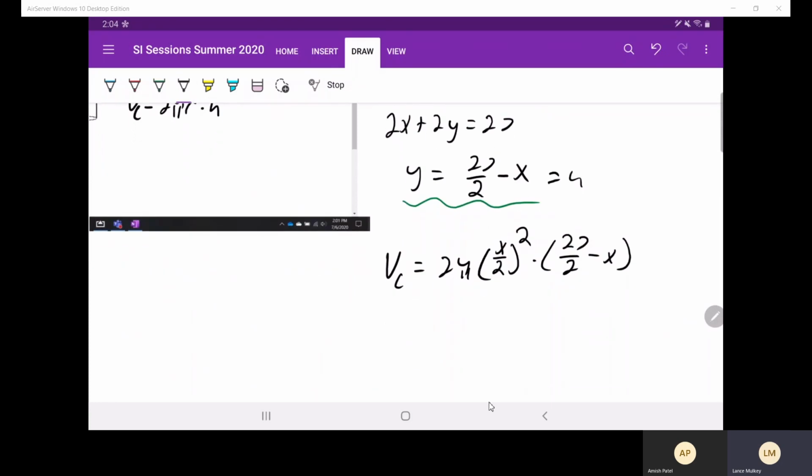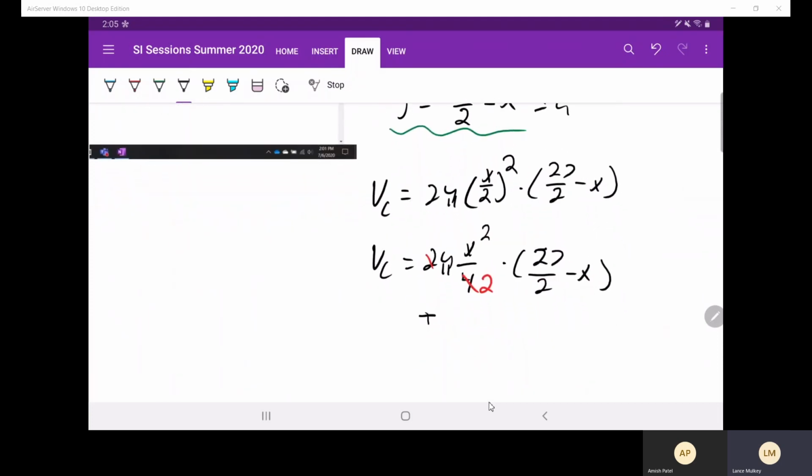So now we're going to simplify this through and all that. So it's 2 pi times x squared over 4 times 27 over 2 minus x. And now if we, that's ugly.